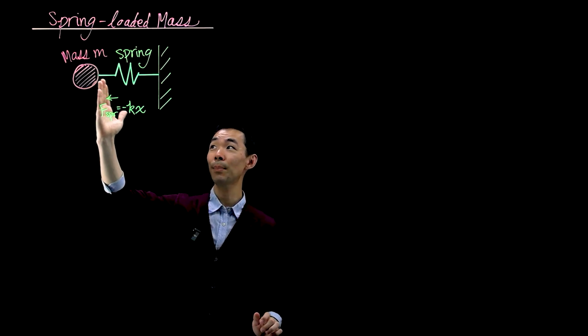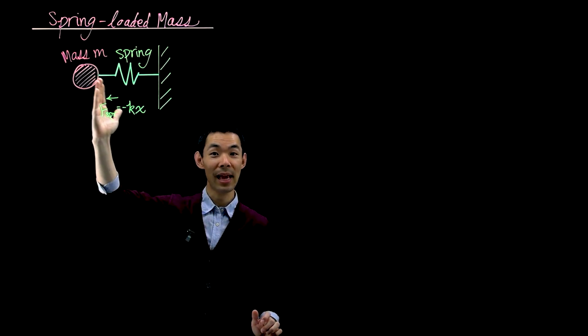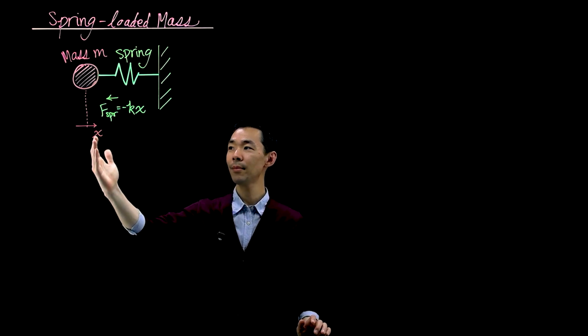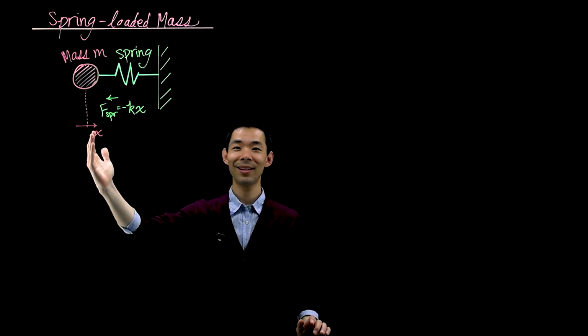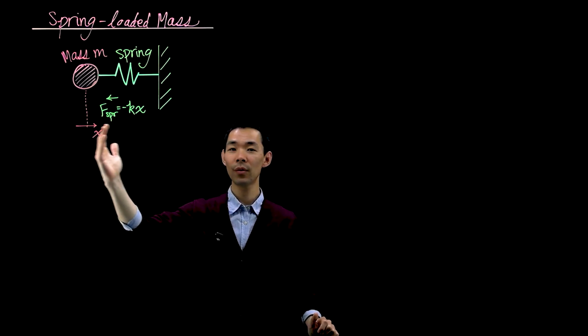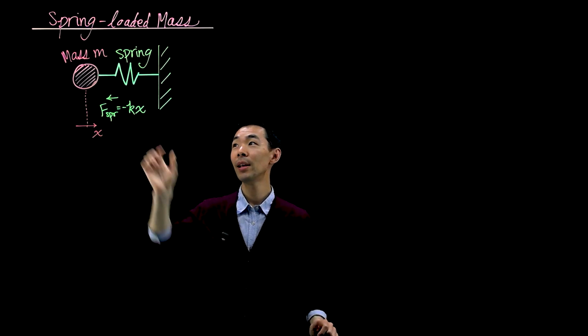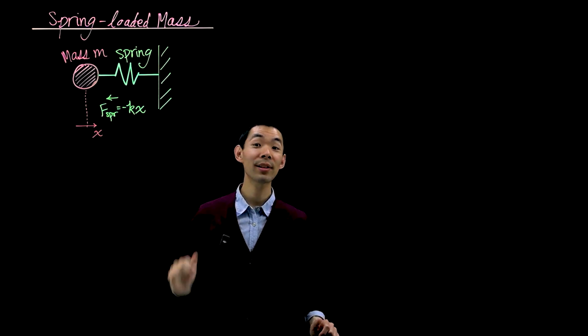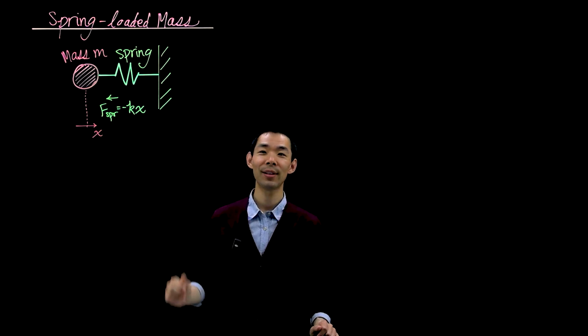Now we're going to track the position of this mass m. The mass m is at position 0 at rest, and it's going to move as a function of x, and as it moves, it's going to experience a restoration force given by the Hookean spring, negative k times x.